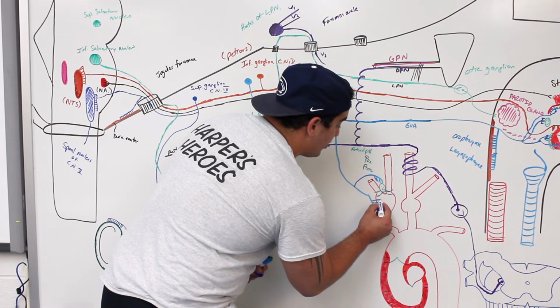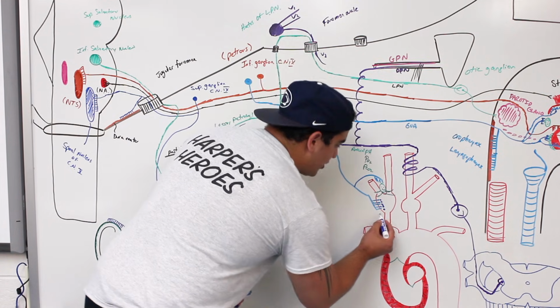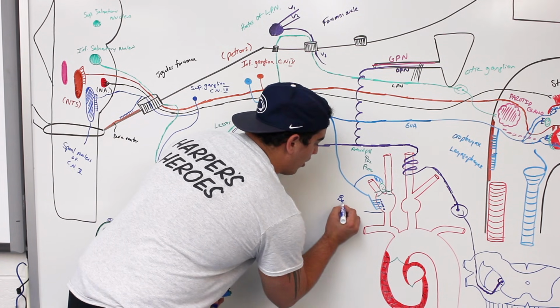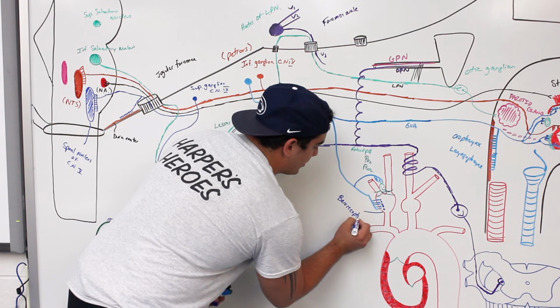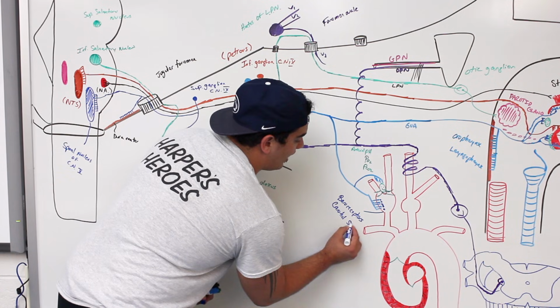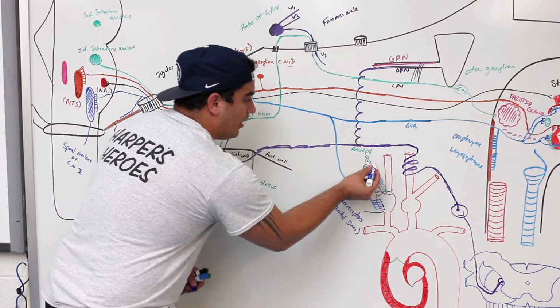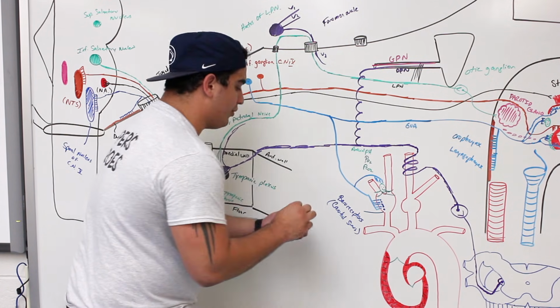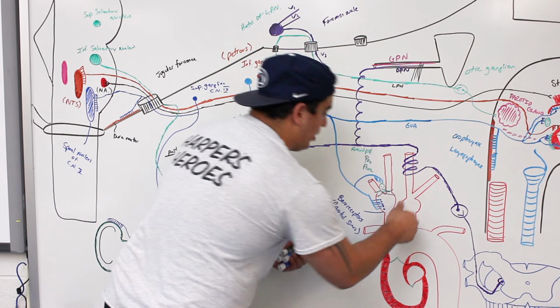But also, if you guys remember, we even had the carotid sinus. These were your baroreceptors. So what are these right here? So we don't confuse this, this was our baroreceptors. And this was in what's called the carotid sinus. These over here, these green little dudes, these are actually going to be called what?